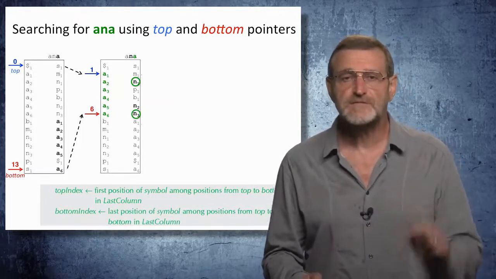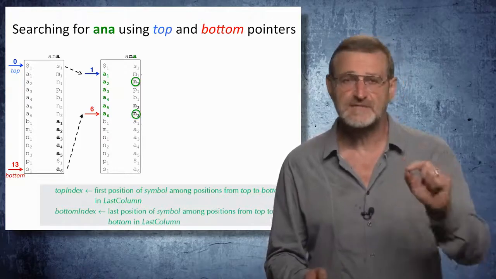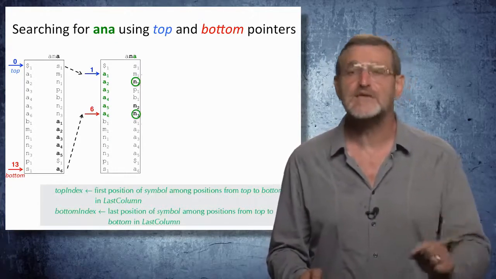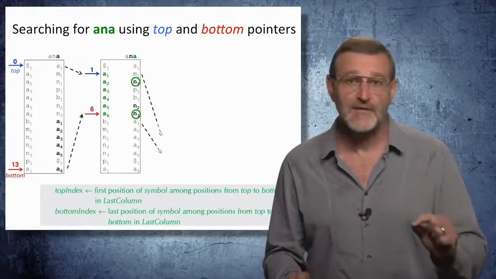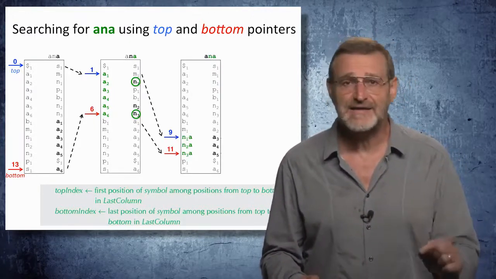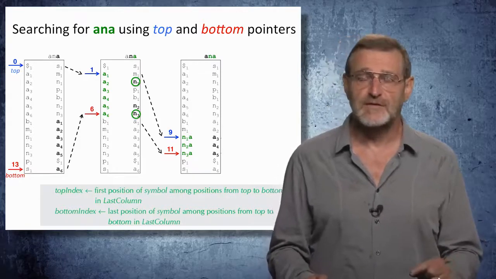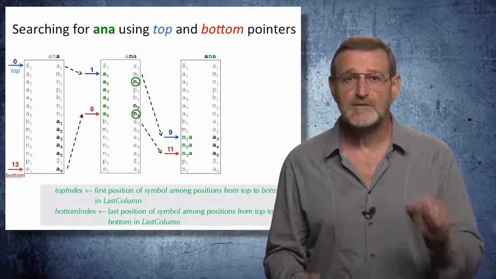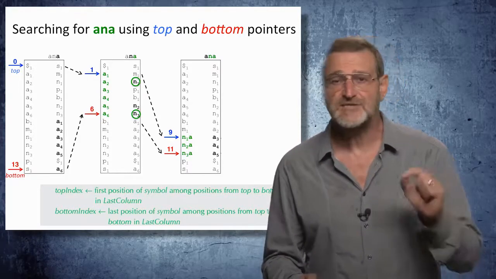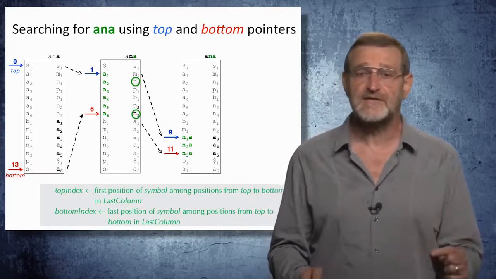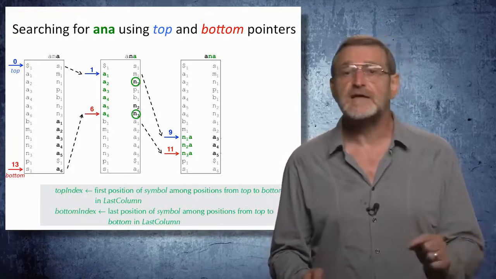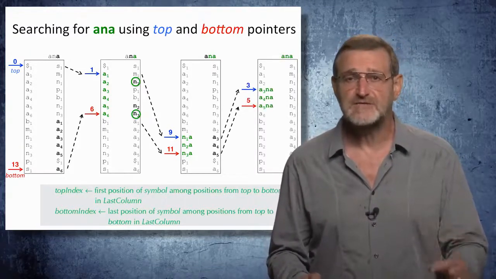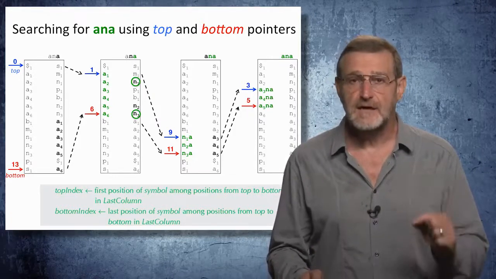As soon as we found the first and last occurrence of this symbol, in this case N, the first-last property will tell us where these N's and all N's in between are hiding in the first column. As a result, the pointers top and bottom equal to 1 and 6 are changing into 9 and 11. We narrowed the search. And then we continue further, and that's how we find the positions of ANA in the text.